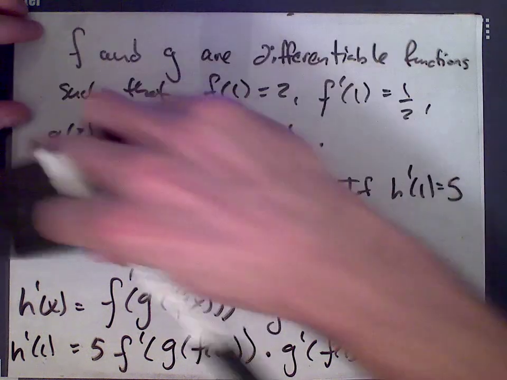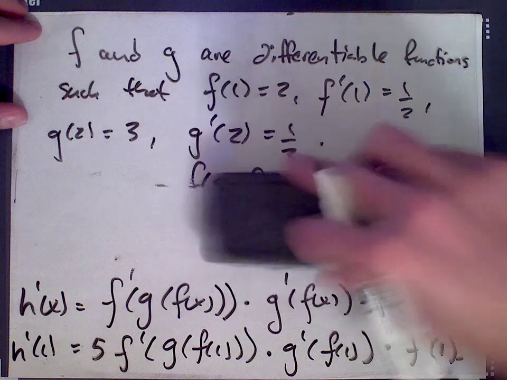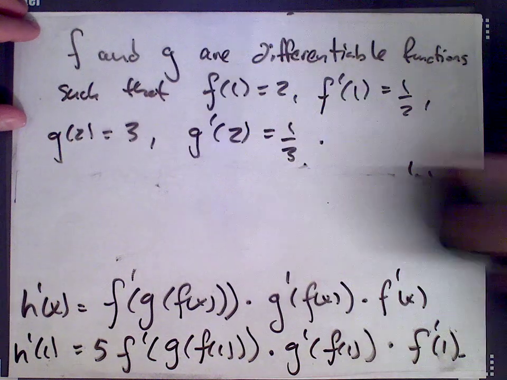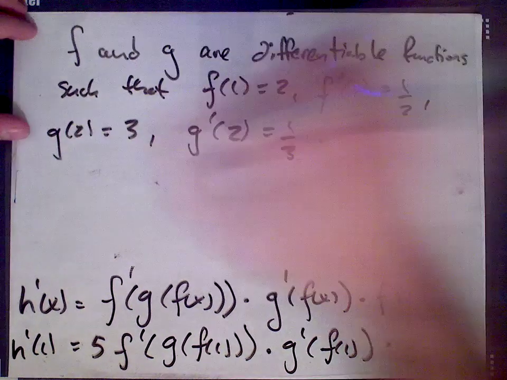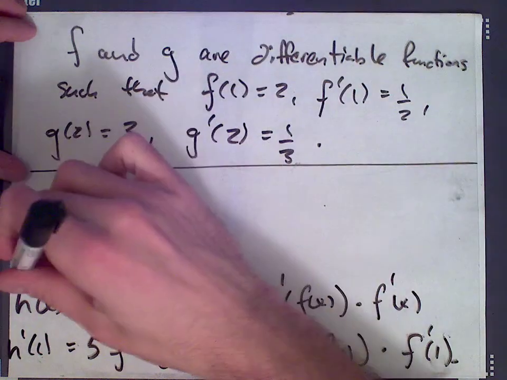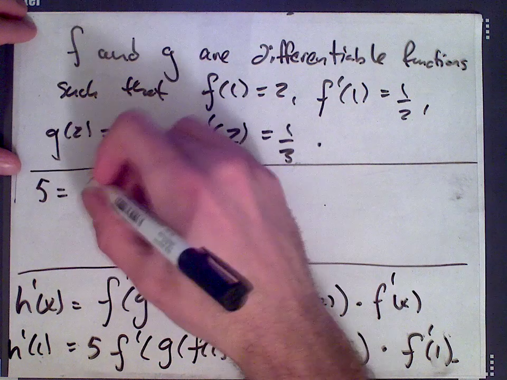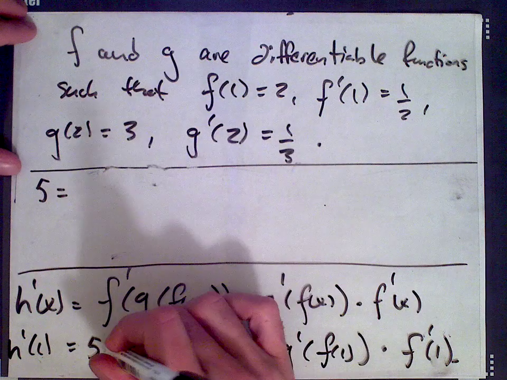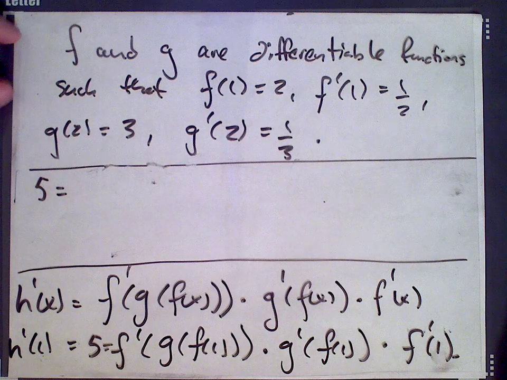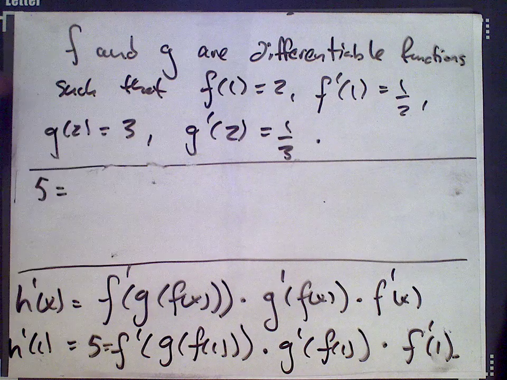We're almost done. We just need to fill in our values. We get 5, which is h prime of 1, equals f prime of g of f of 1, and so on.